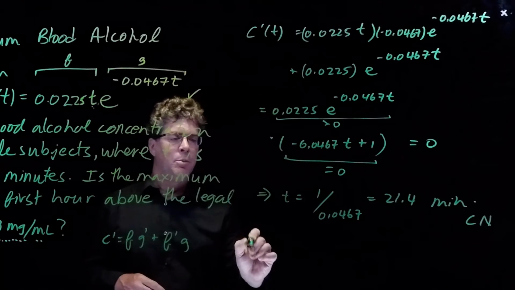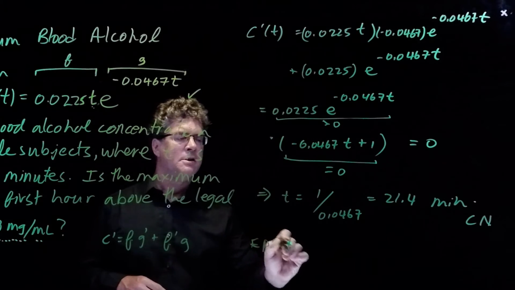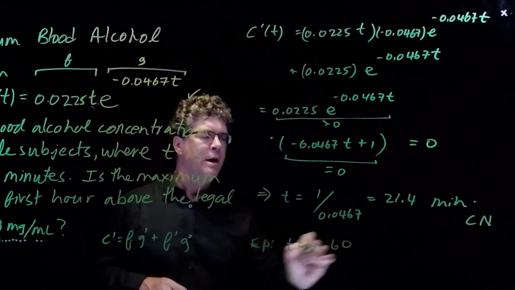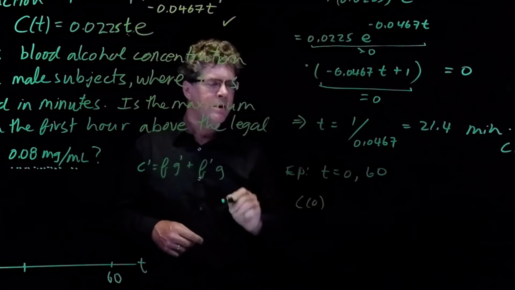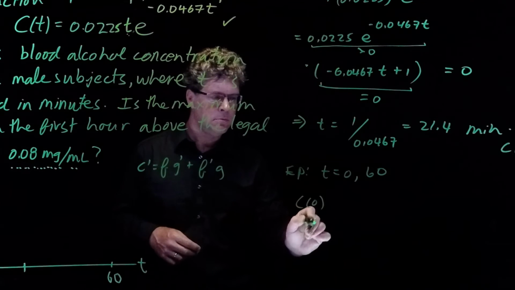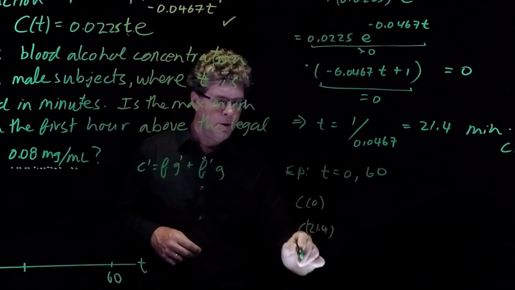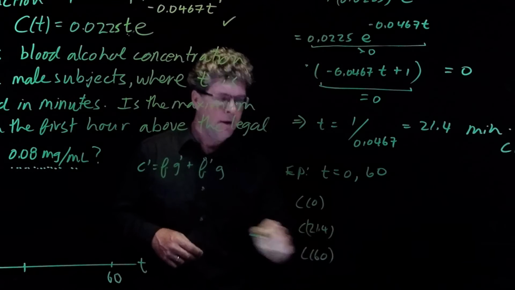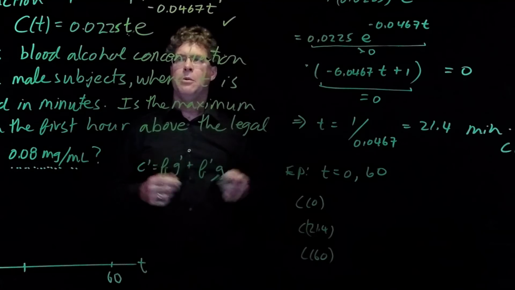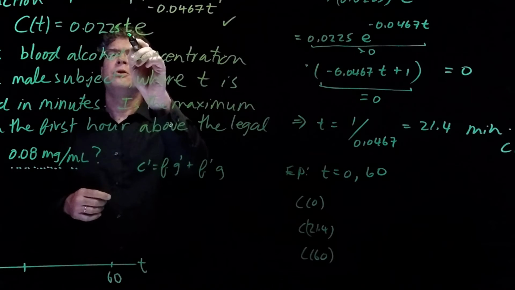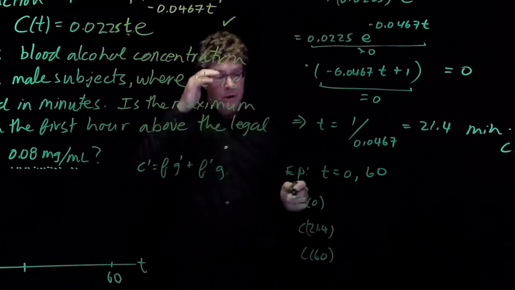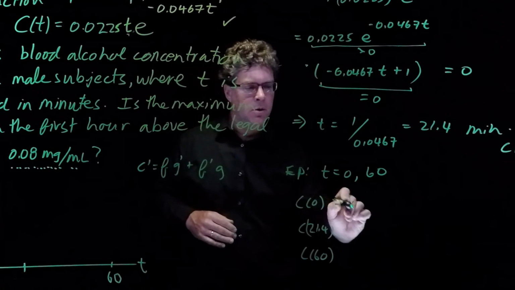We also have endpoints, and those are t is equal to 0 and 60. So if we calculate the values of c for each of these, we start with the case where time is equal to 0. If we plug into the formula, when we put in time is equal to 0, we're going to get c of 0 is equal to 0.